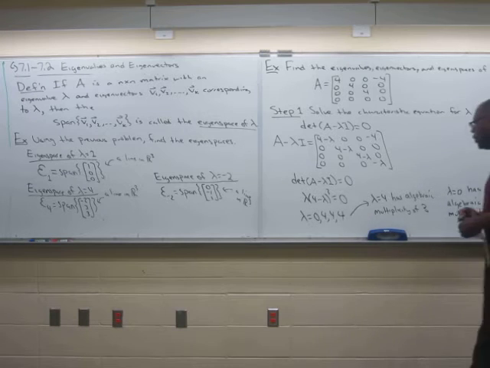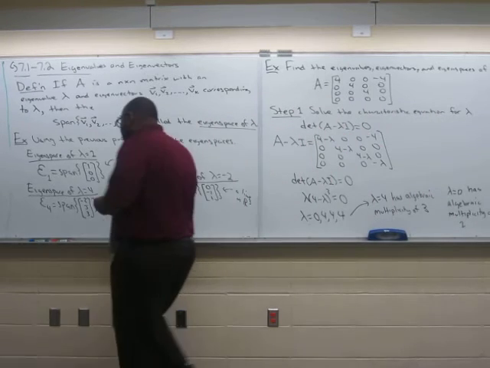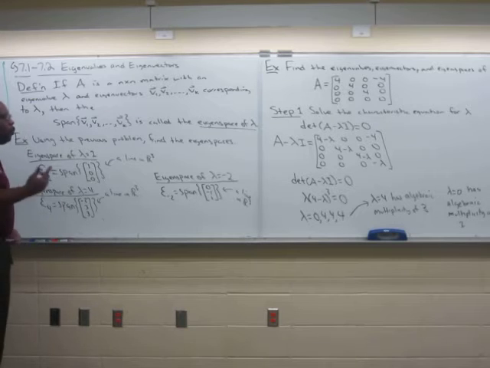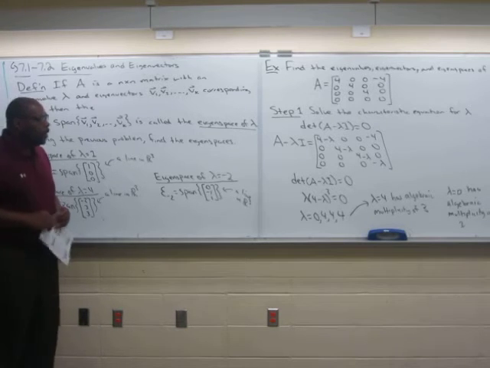Okay? So lambda equals 4 has algebraic multiplicity of 3, it occurs 3 times. And lambda equals 0 has algebraic multiplicity of 1.